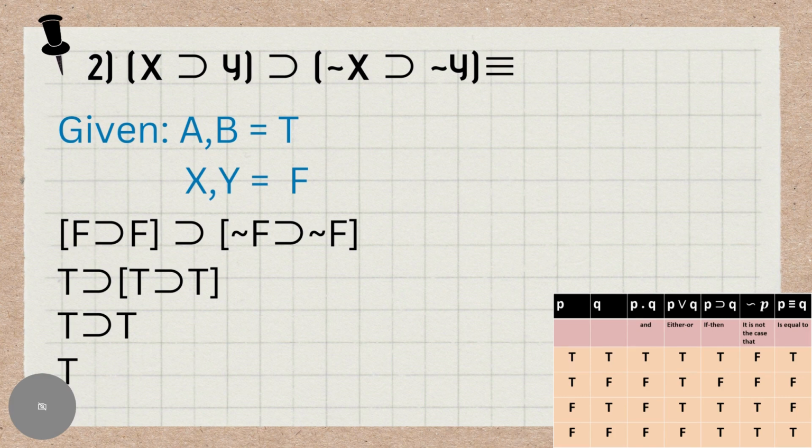Negation F inference negation F is converted into T inference T.